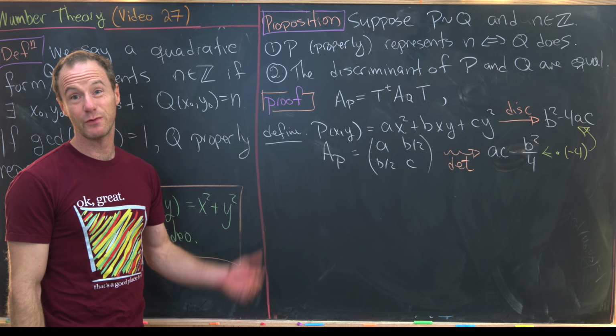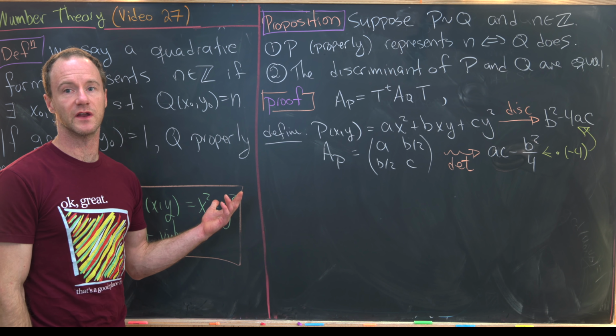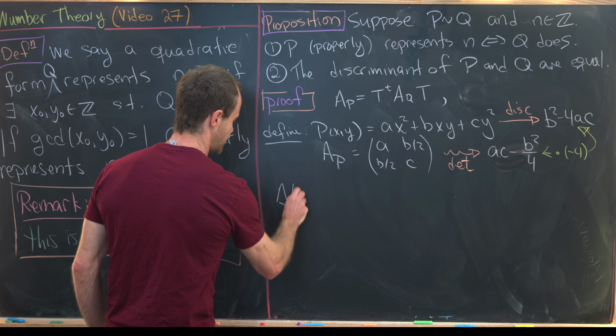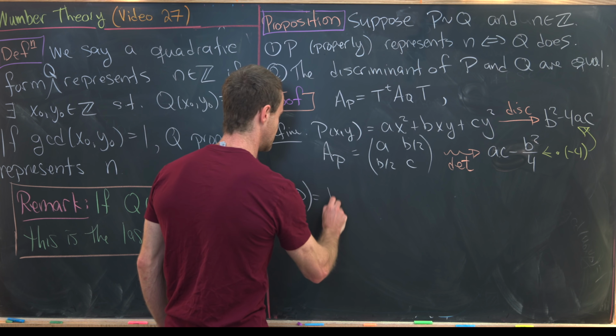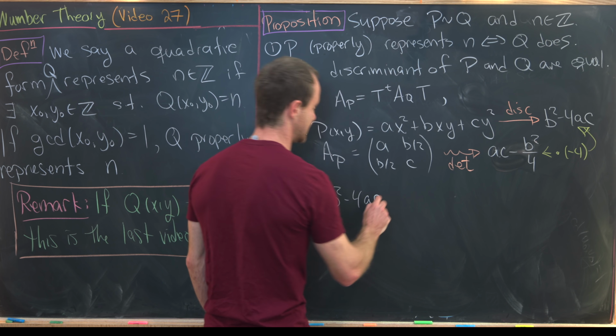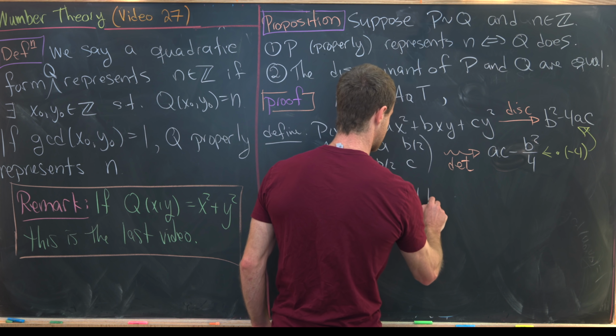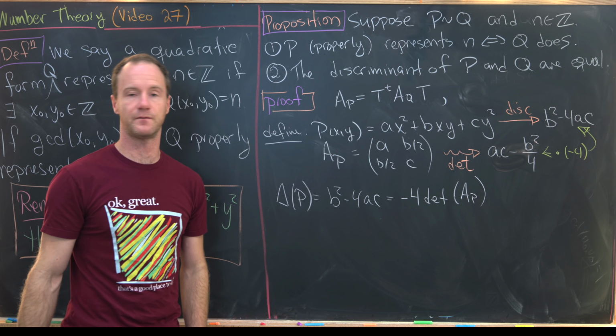Okay, so now I think we can get to the proof. So maybe I'll use delta for the notation for discriminant. So let's see, delta P, the discriminant of P, is equal to b squared minus 4ac, like we just talked about. But that is minus 4 times the determinant of A_P.